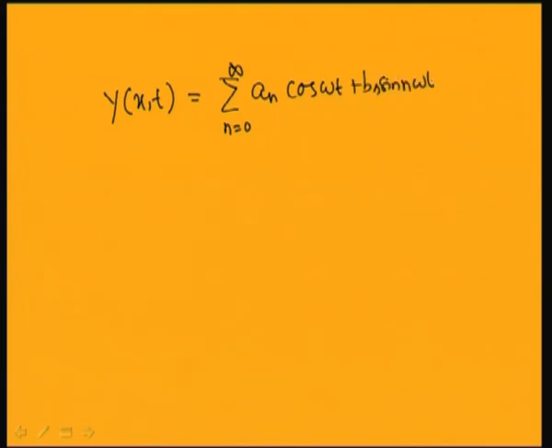In the case of a continuous system you can write the solution in this form: y(x,t) equal to the sum from n equal to 0 to infinity of (a_n cos omega_n t plus b_n sin omega_n t) times phi_n(x).